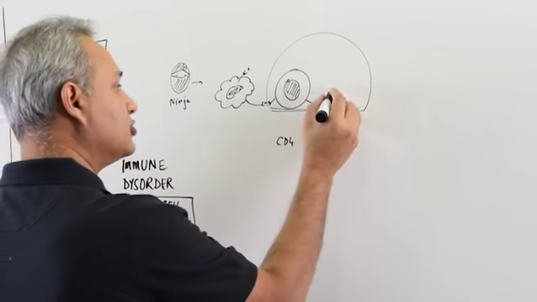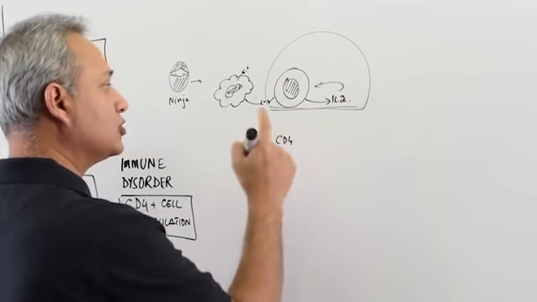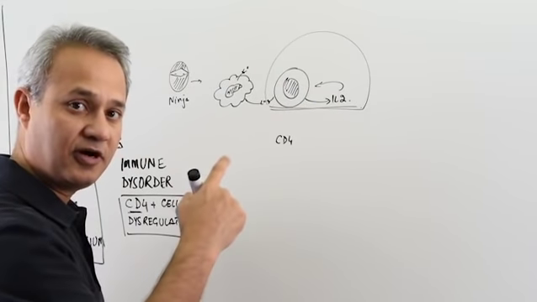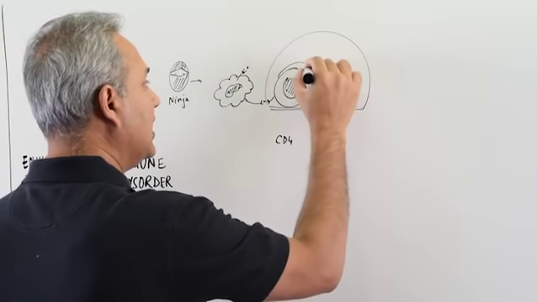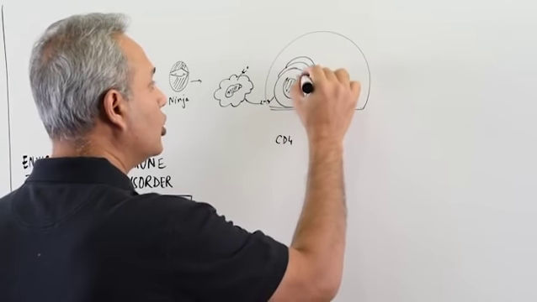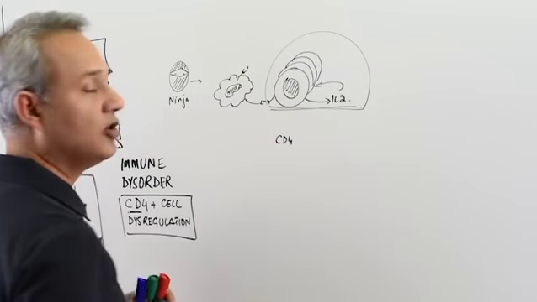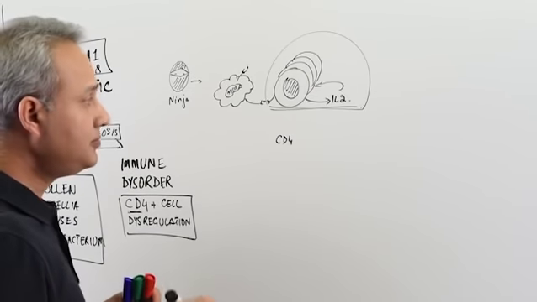When the CD4 cell releases IL-2, this IL-2 is going to cause proliferation of the CD4 cells. So we'll have monoclonal proliferation of CD4 cells.